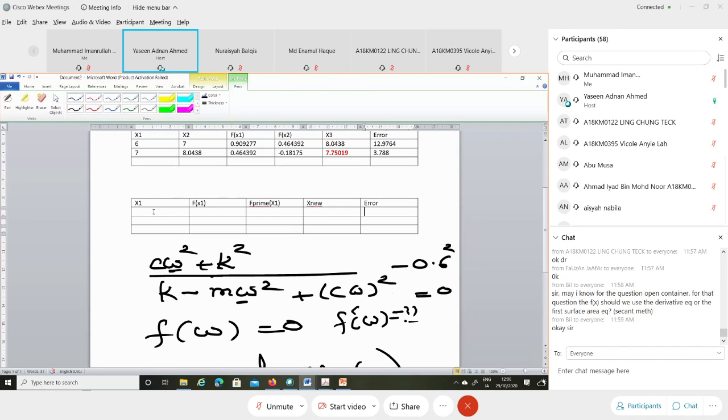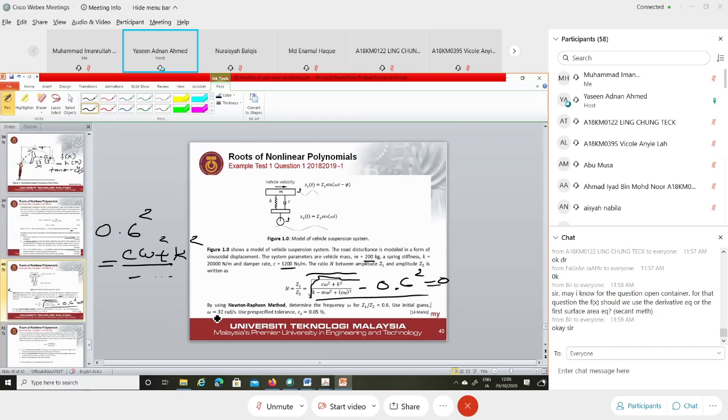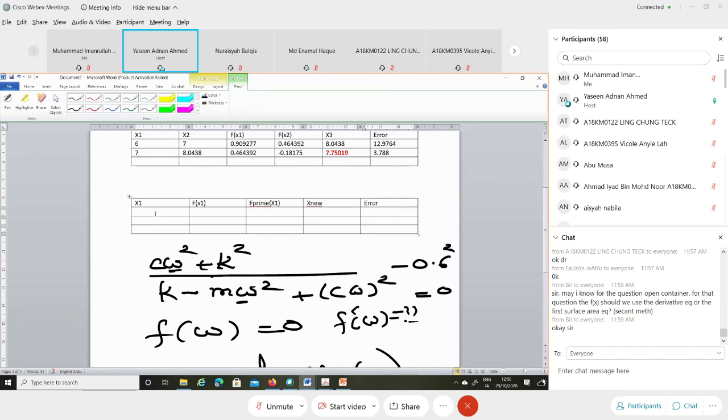So in this case, we start with x1. You can write omega 1, it is up to you. We start with 32, and then get the value of f of x1, whatever you get, and f prime.